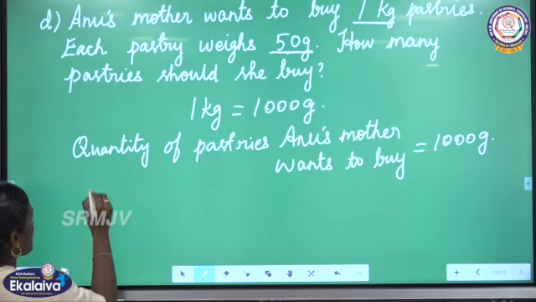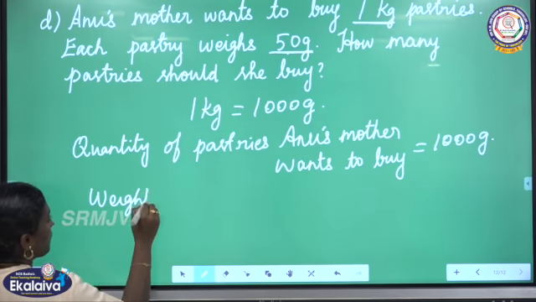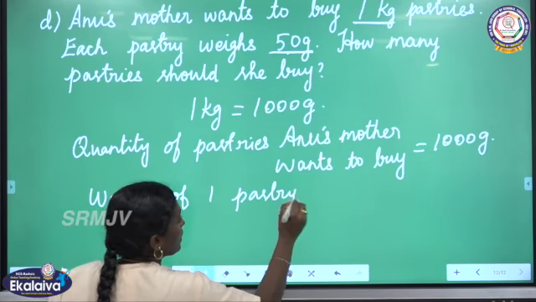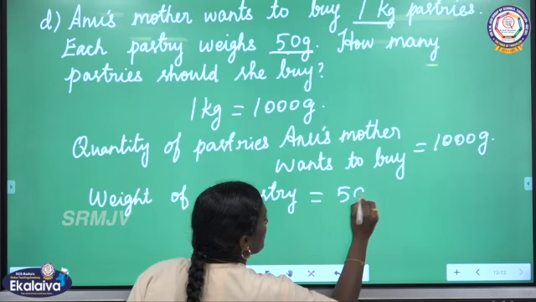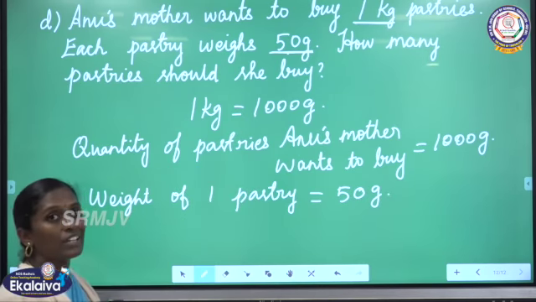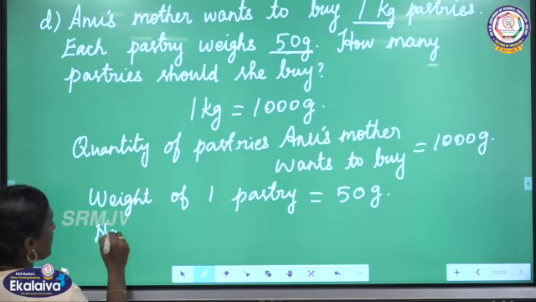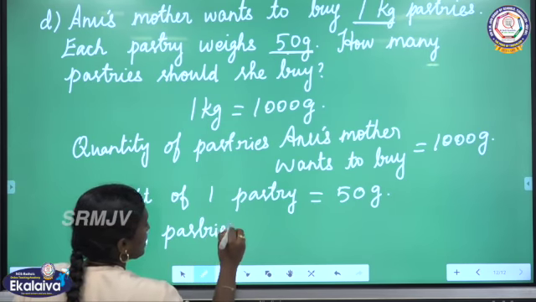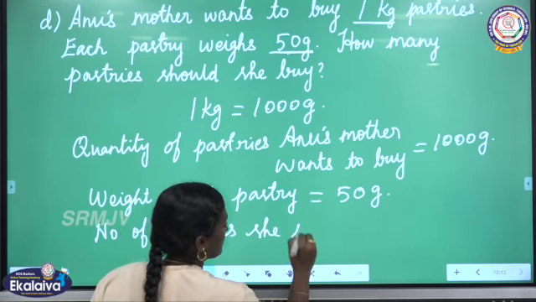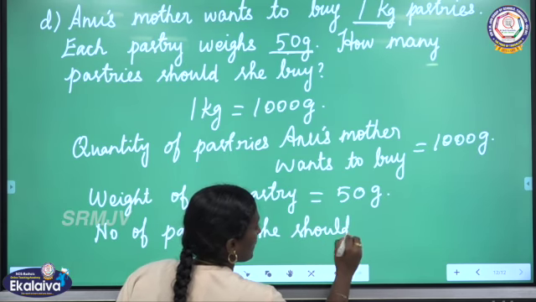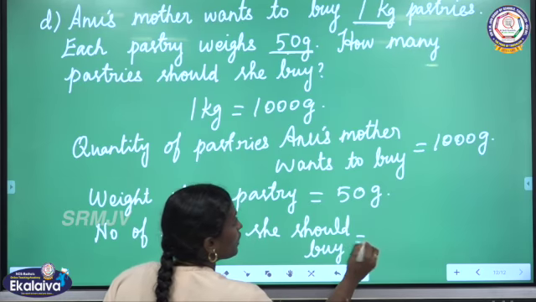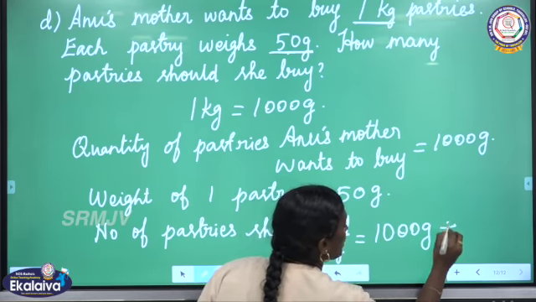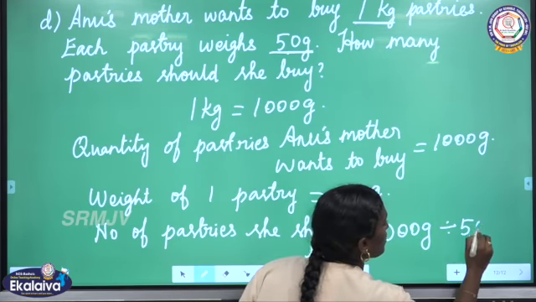Then the weight of 1 pastry is equal to 50 grams. Now we are going to find out the number of pastries she should buy. The number of pastries she should buy is equal to the quantity she wants to buy divided by the weight of 1 pastry.